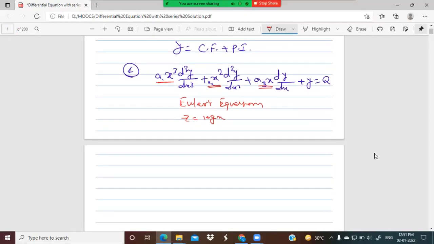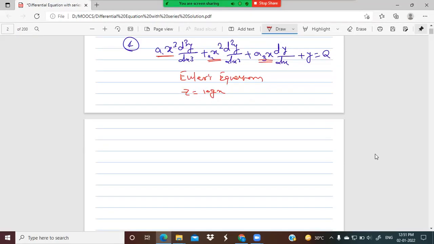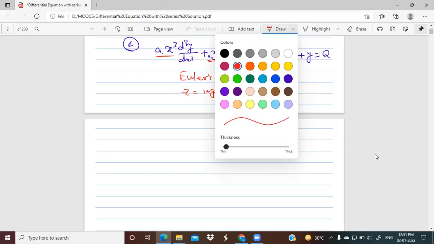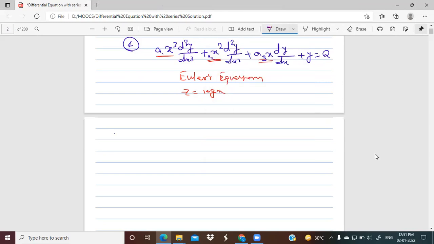Now we come towards our idea of finding the solution of a differential equation. Suppose I take one example: d2y by dx2 plus y is equal to 0. This is a linear differential equation.